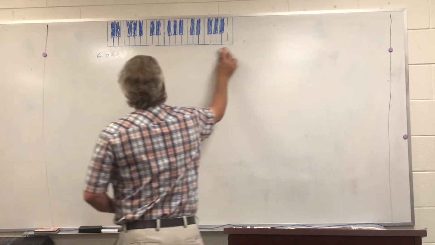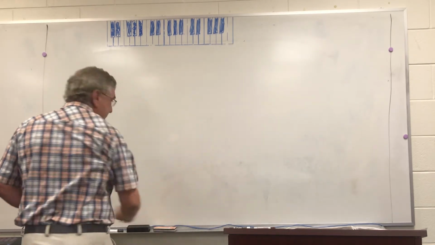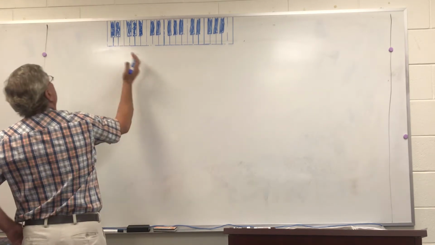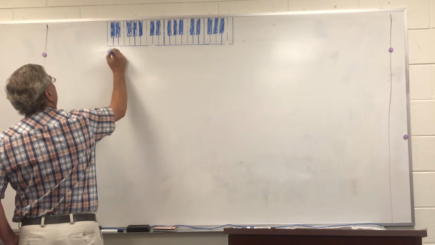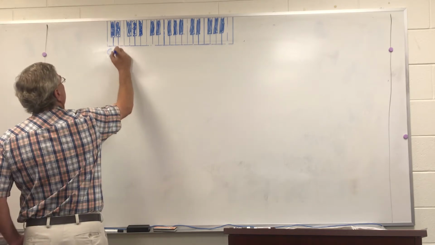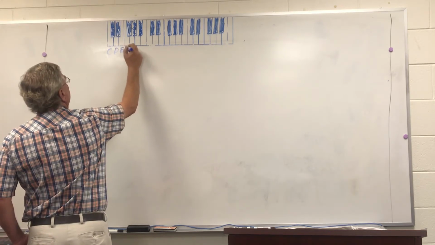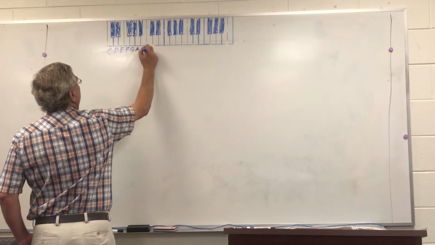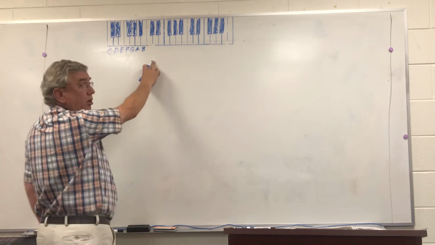On the piano keyboard, if you've got your paper one and you print a blank one out, here's the note. The first key on your keyboard is a C. Then we have a D, an E, F, G, A, B, and after B we start over with C again.